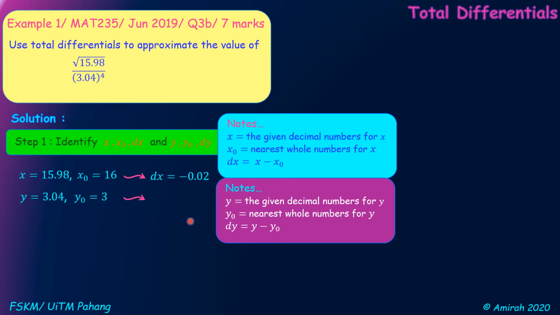After that, we need to find dy. dy equals y minus y0, which means 3.04 minus 3. So dy equals 0.04, a positive value.